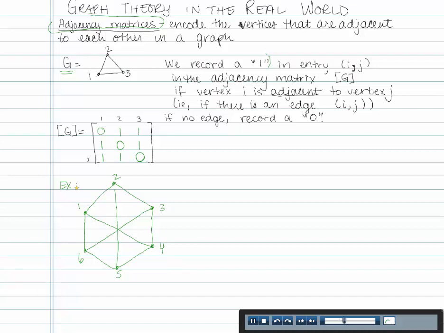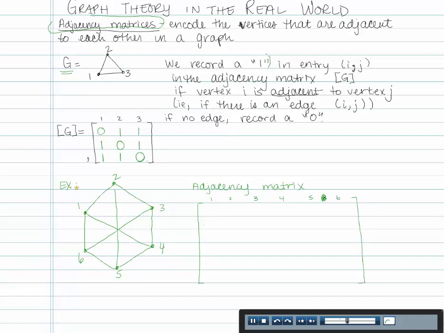Okay, so what would the adjacency matrix look like? Well, it's going to be kind of big. Just for my notation purposes, I'm going to draw in the rows and columns so I can keep it straight. But usually you don't need a grid when you're doing a matrix. 1, 2, 3, 4, 5, 6 rows, and I need 6 columns.